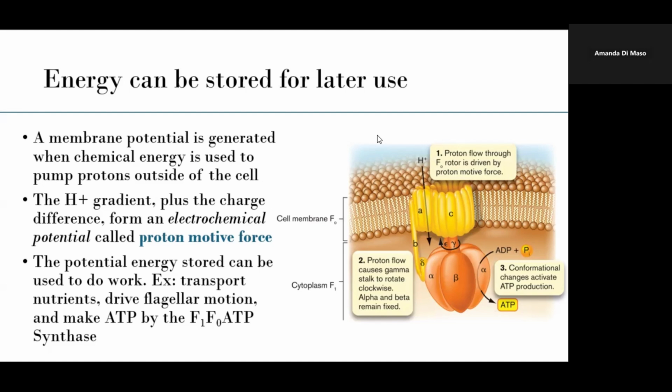So you might be a little confused about this too. How can just making a gradient equal energy? Think about it like a dam. If we push a lot of the water behind a big wall, and then the water slowly is allowed to leak out, we can capture the movement energy, that kinetic energy of the moving water, and use it to like spin a turbine or do some other form of work.